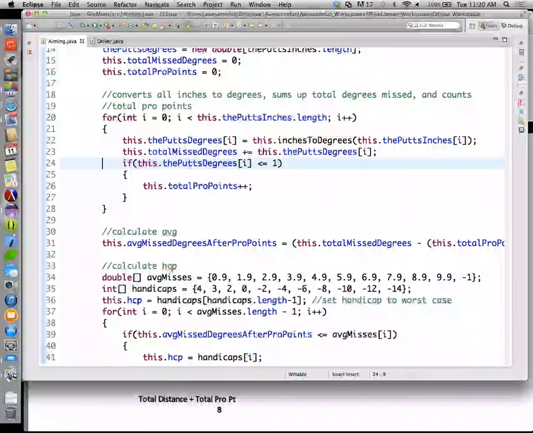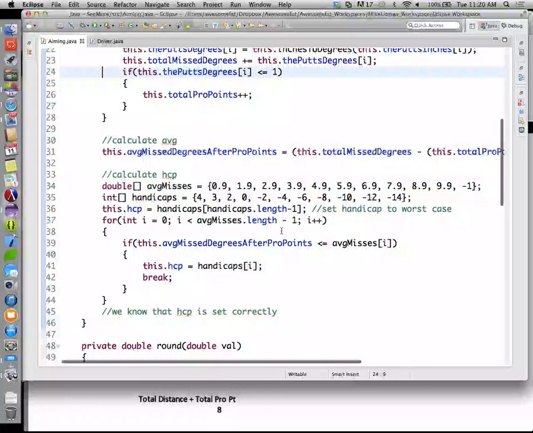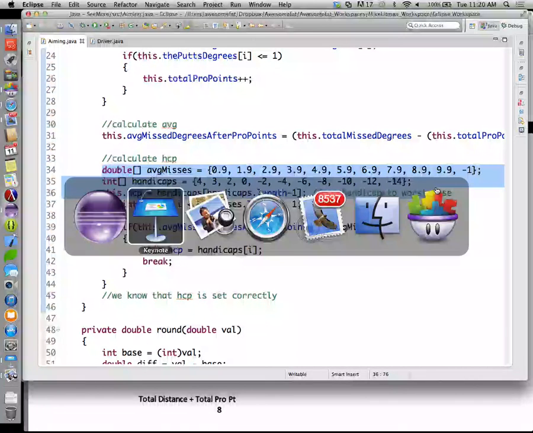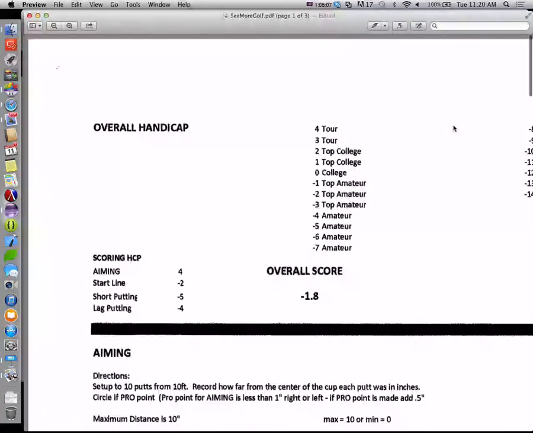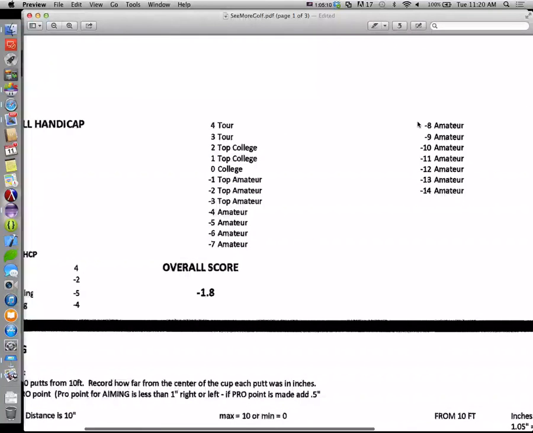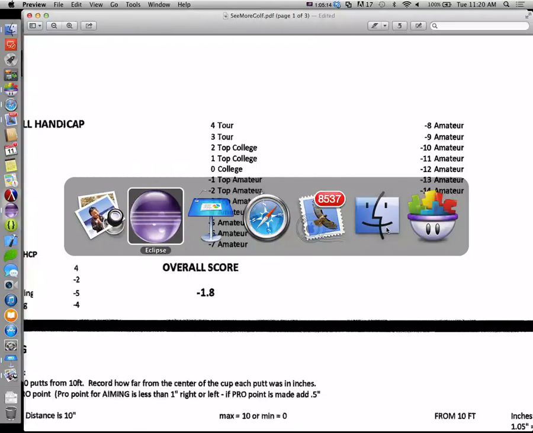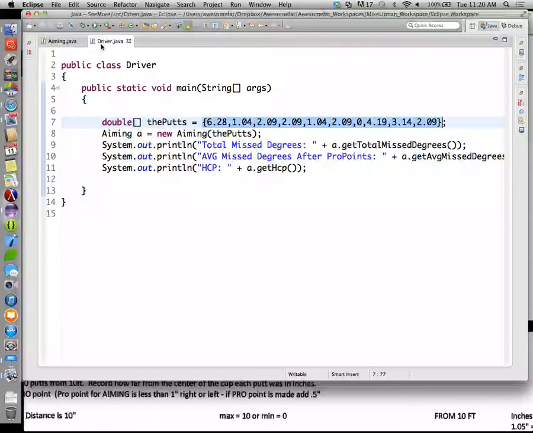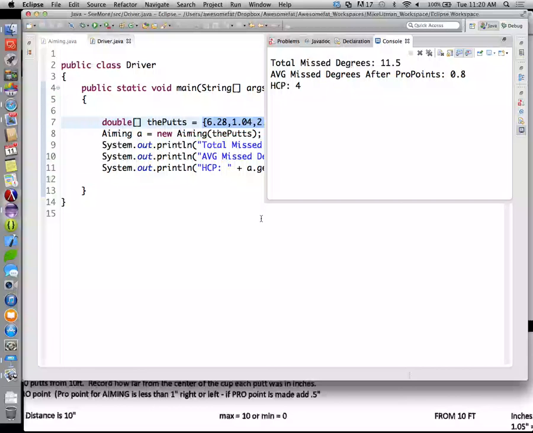Then we're calculating our average based off of missed degrees and pro points. This is our scale from last time, which is based off of this guy up here. Okay. And ultimately, we're setting a handicap. So our code right now should properly do aiming and give us a handicap on that.